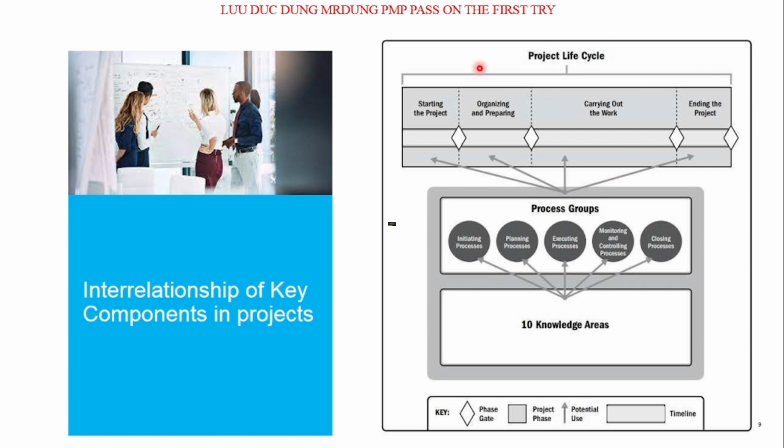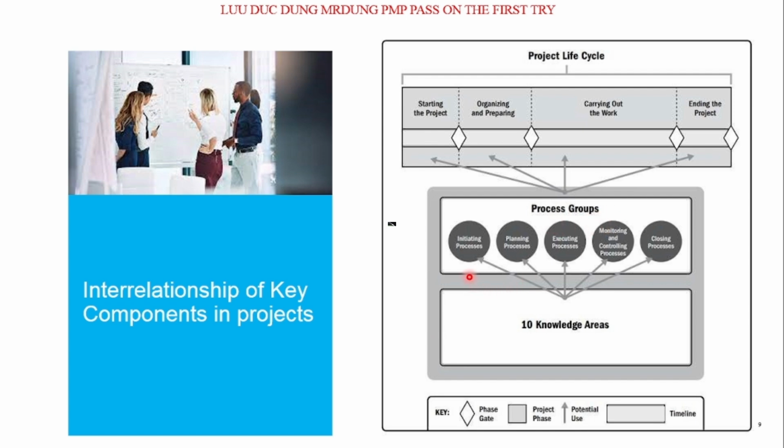In the project life cycle here, we have 5 process groups and 10 knowledge areas. We will discuss them in more detail in the next slide.